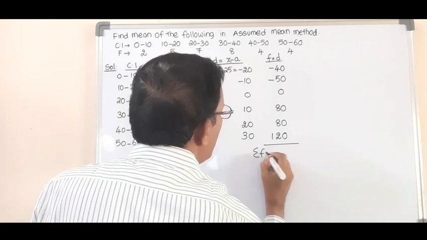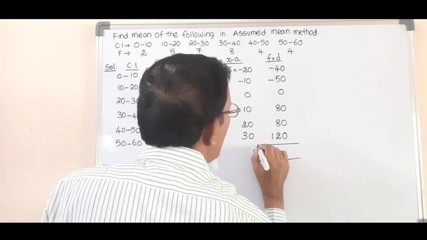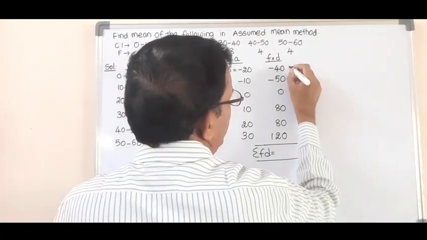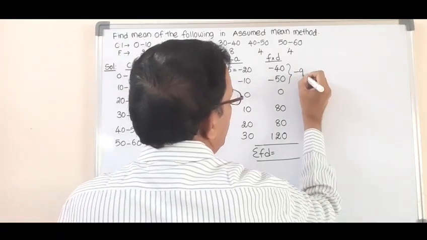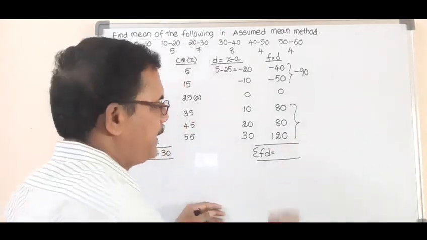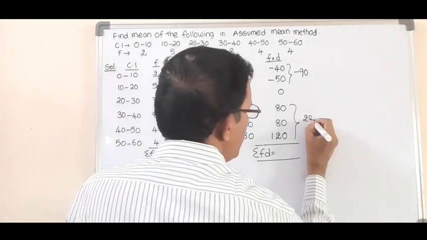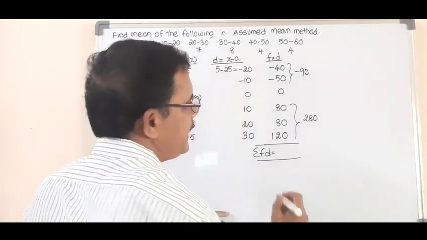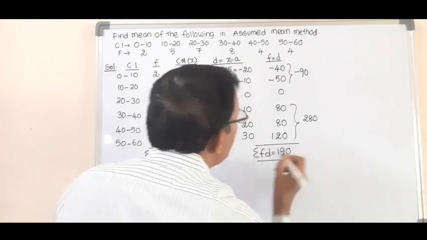Now let us add all these, that is sigma fD. Minus 40, minus 50: these two are negative integers, their total is minus 90. These three are positive integers, their total is 280. So 280 minus 90 is equal to 190.